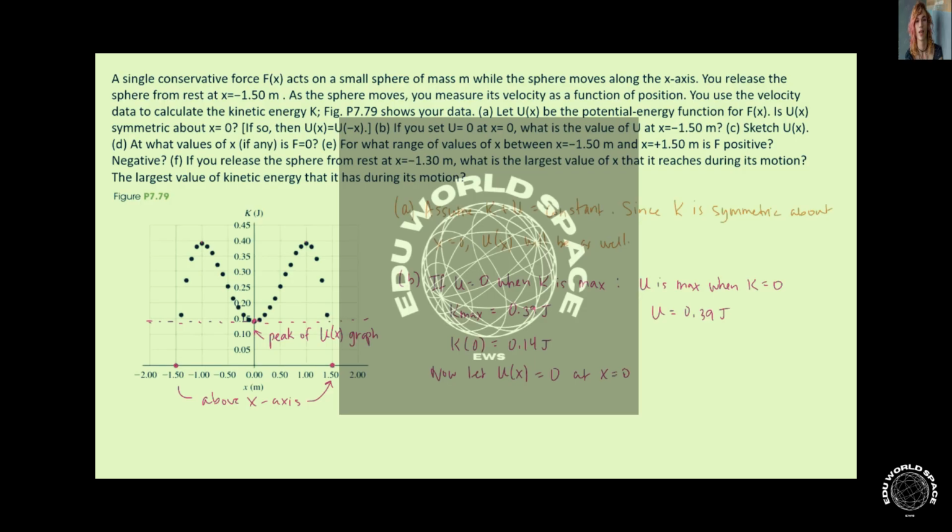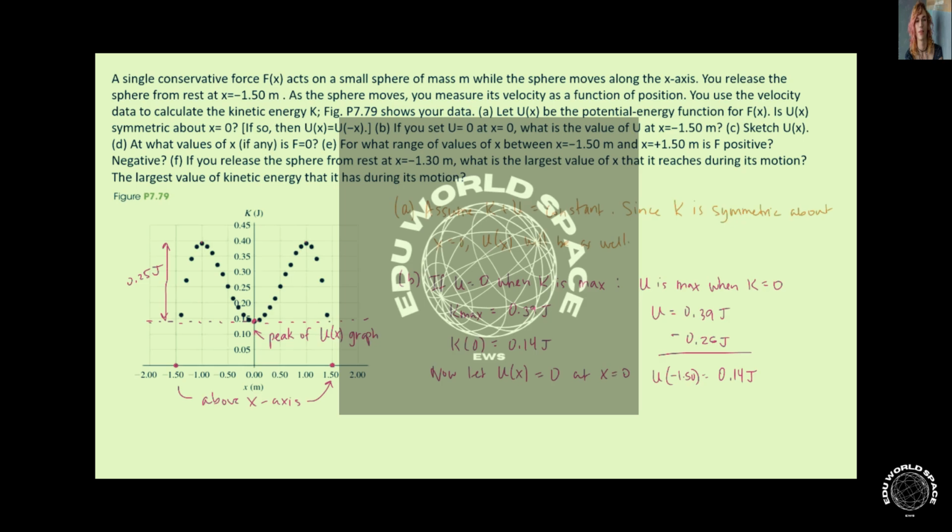Instead of U having that value of 0.39, we're basically going to subtract the 0.25 joule difference here. And we can then say that U of negative 1.5 is going to be equal to a positive 0.14 joules.